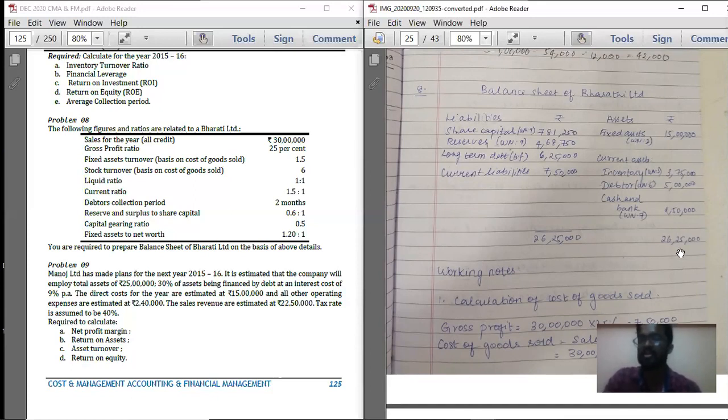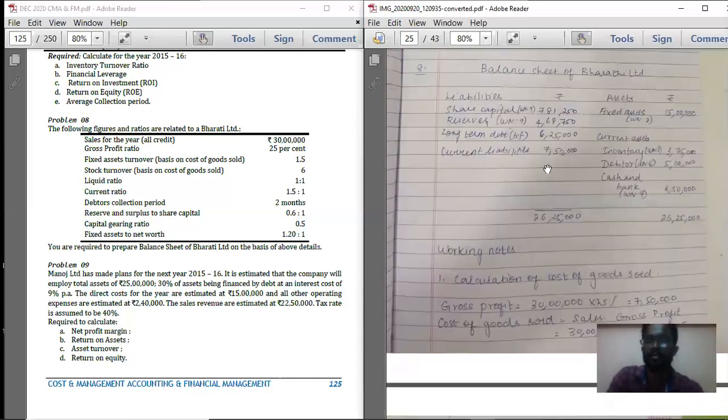So total assets is 26,25,000. Now bring it to the liability side. Total of liability is 26,25,000.